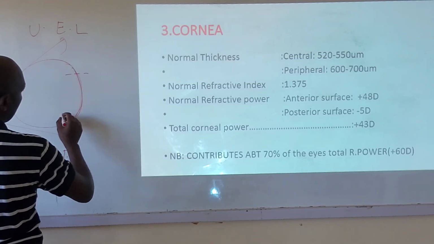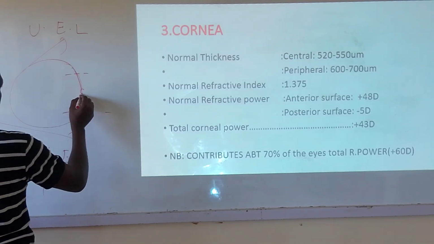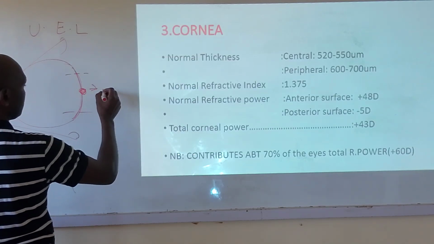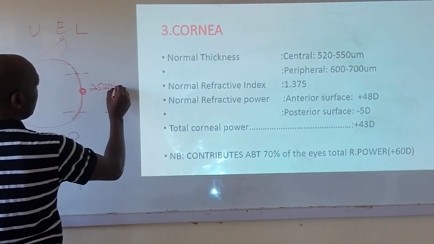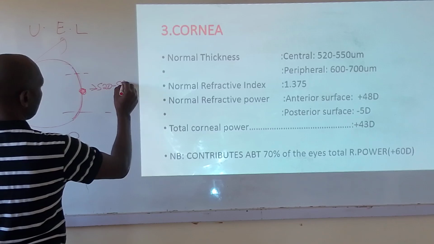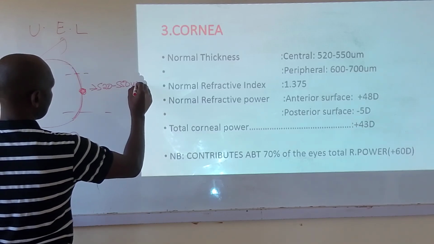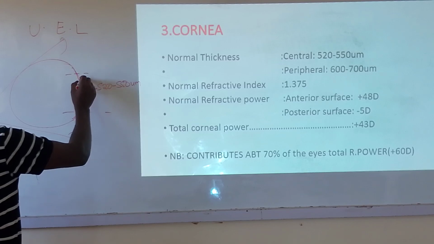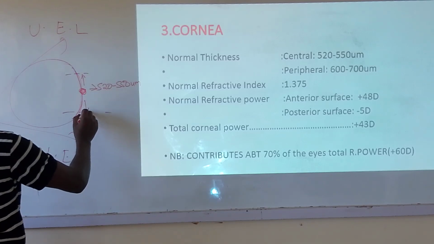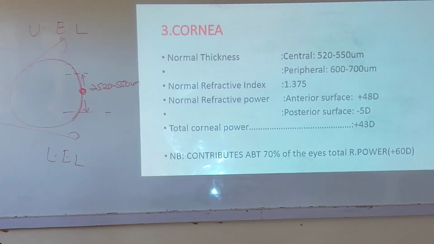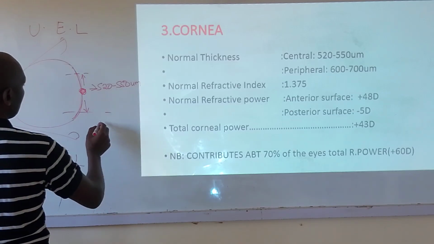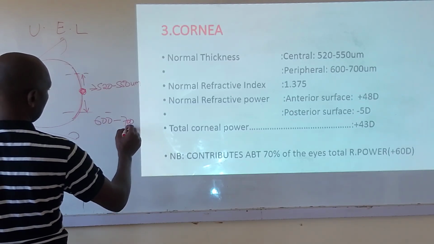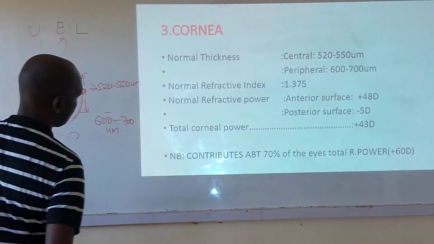From here to here is your cornea. So the central measurement is supposed to be 520 to 550 micrometers. But as you move from the center towards the periphery, the thickness ranges between 600 to 700 micrometers.